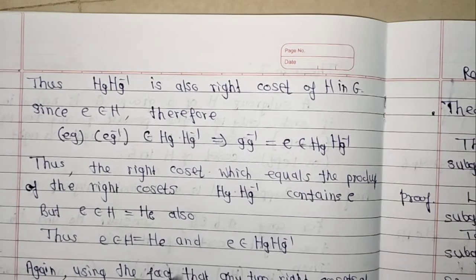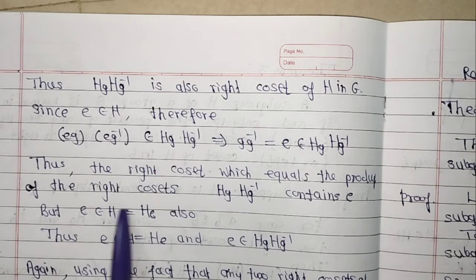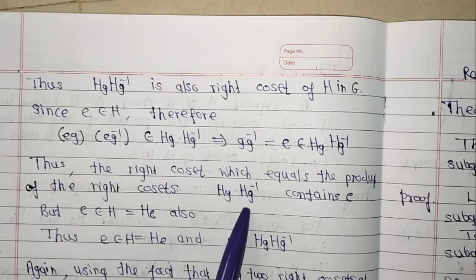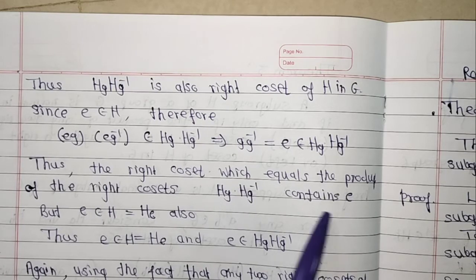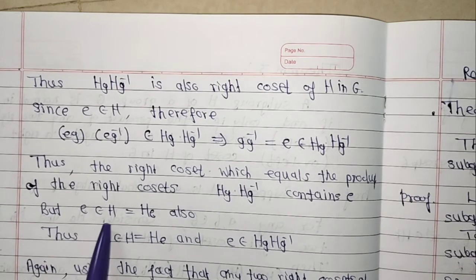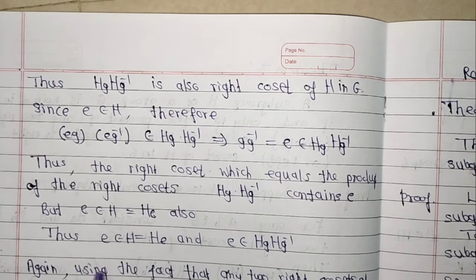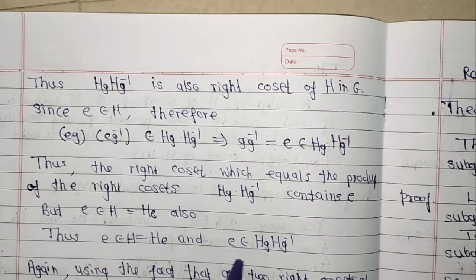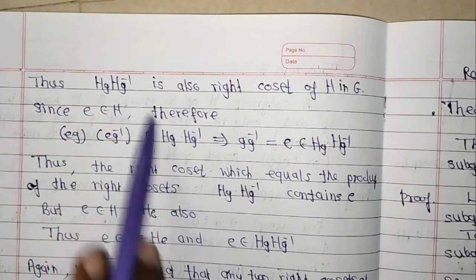Thus, this right coset, which equals the product of right cosets Hg into Hg inverse, contains the identity element, but e also belongs to H, which is equal to He. Thus, e belongs to H and e belongs to Hg into Hg inverse also.